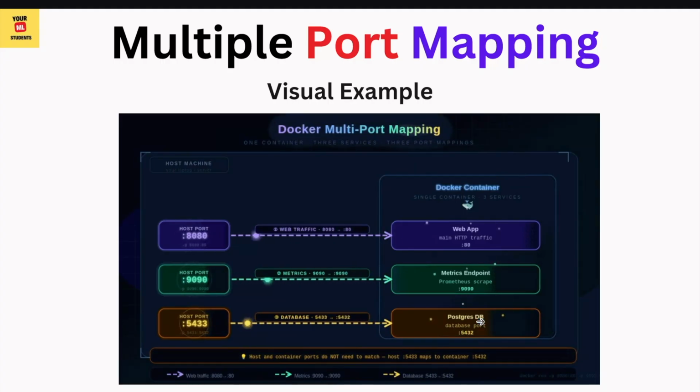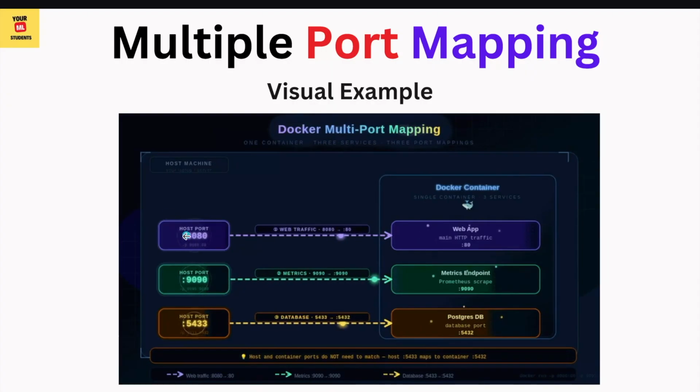Listen to my words, I am saying container port. This web app is another Docker container and it listens to 80 port. 80 port is the container port, and for this metrics endpoint also 1990 is the container port. For Postgres DB 5432 is the container port.